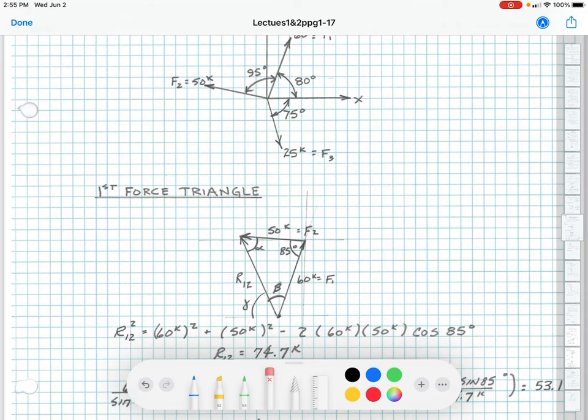F1 right here is a 60 kip load, and it's acting 80 degrees from the horizontal, so that ties into that 80 degrees right there. And then we add to that F2, which is 50 kips. Remember, we go tail to head and then tail to head like that. In this case, we have F1 and F2 like this.